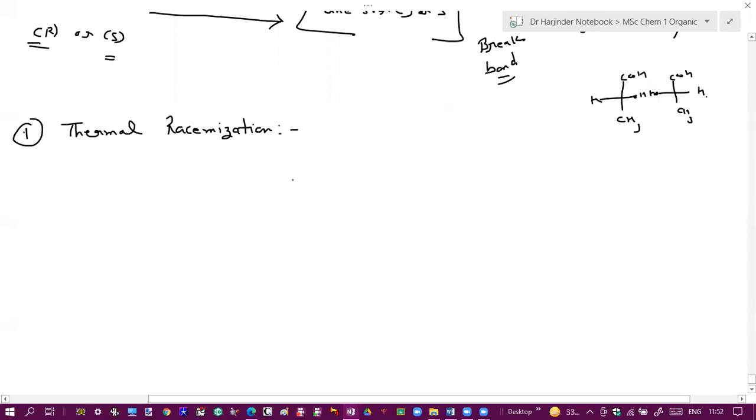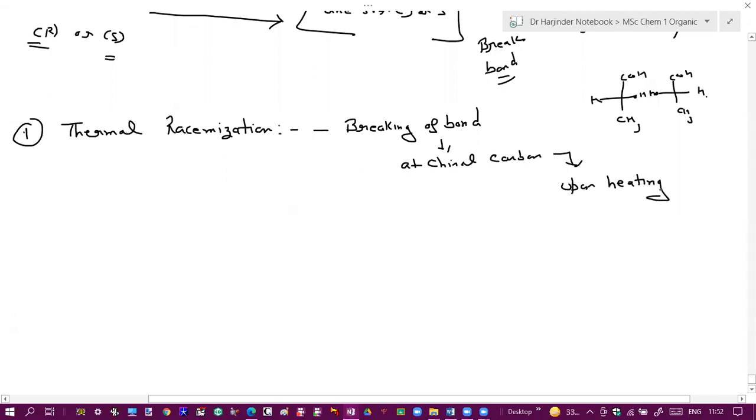In thermal racemization, breaking of the bond at the chiral carbon takes place upon heating. Okay, so this process is carried out by heating.